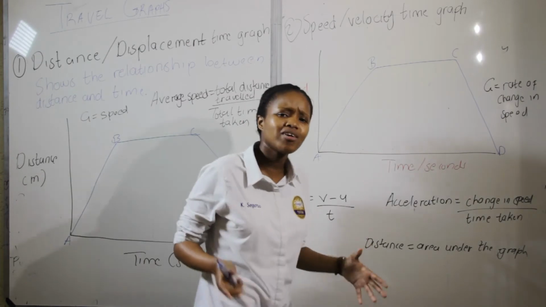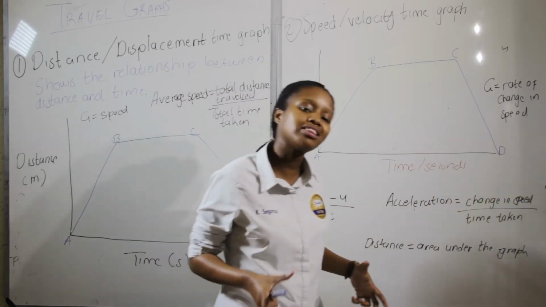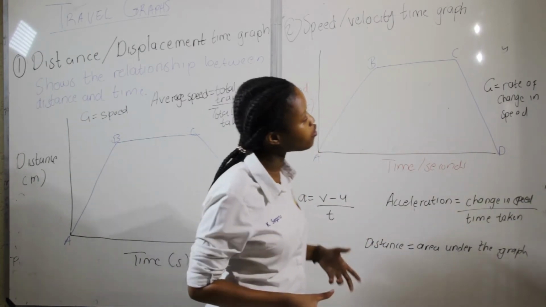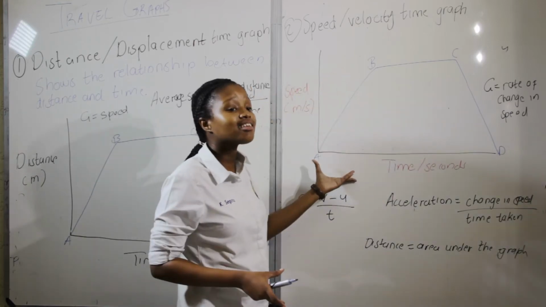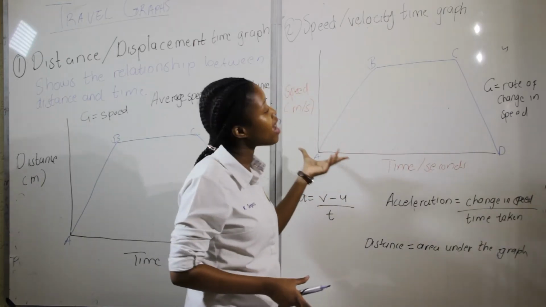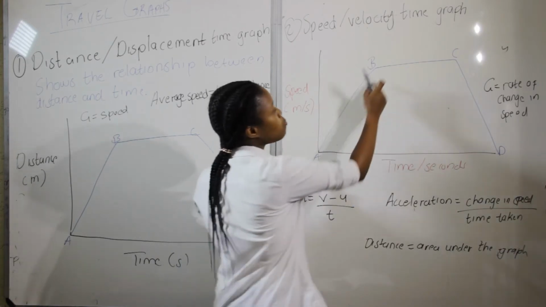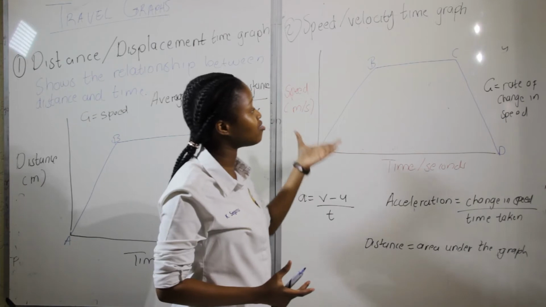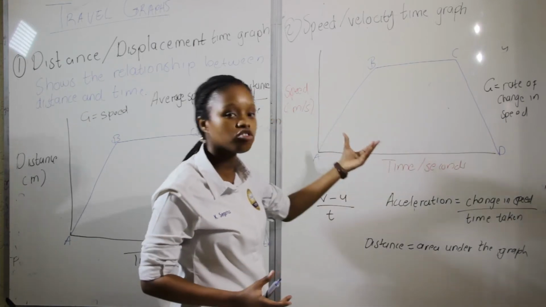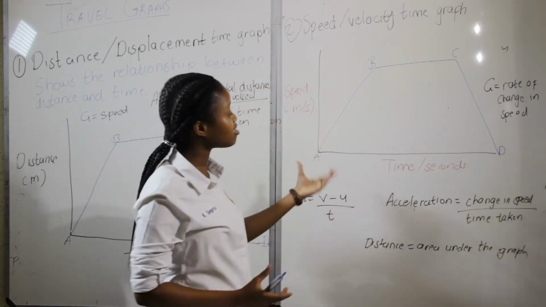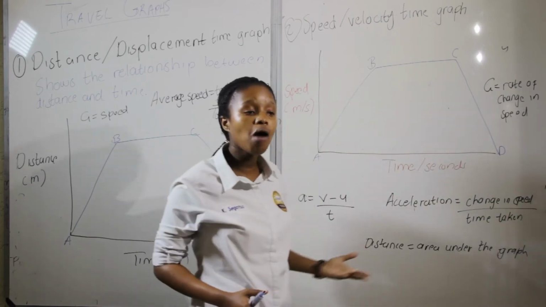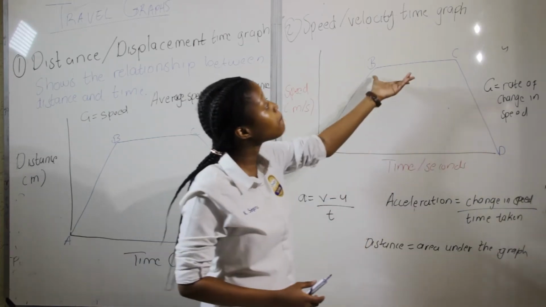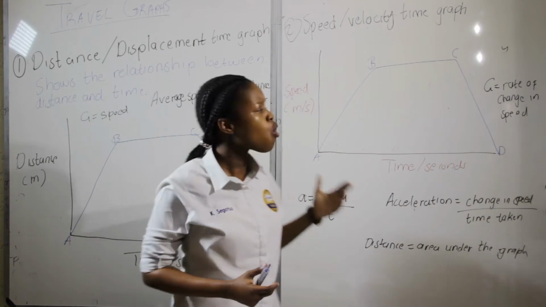So what are we talking about? When we say acceleration, we're not talking about the speed only, but the rate of the speed. So our gradient in this case is going to be our rate. For example, we're talking about a car, and this is a speed velocity time graph for a car. You can say from A to B, your car was accelerating, but from B to C, your car was constant.